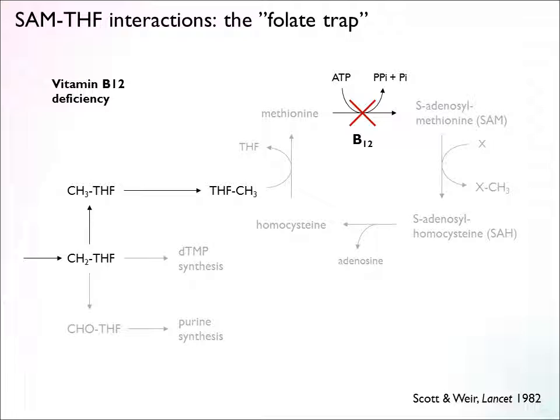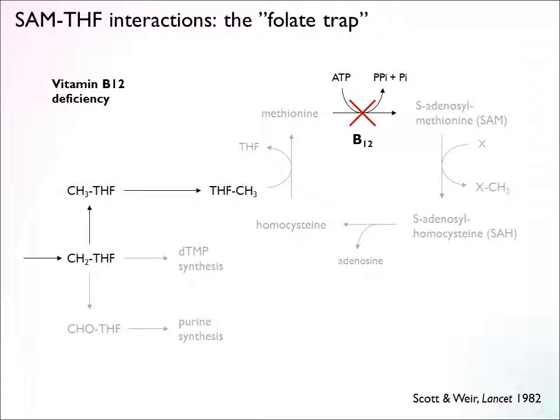This was a mechanism proposed some while back. It was reviewed in 1982, and it's thought to be one of the major problems in vitamin B12 deficiency. What you see happens is that because these two systems are connected, problems in the SAM cycle can spread to problems in the folate metabolic system.